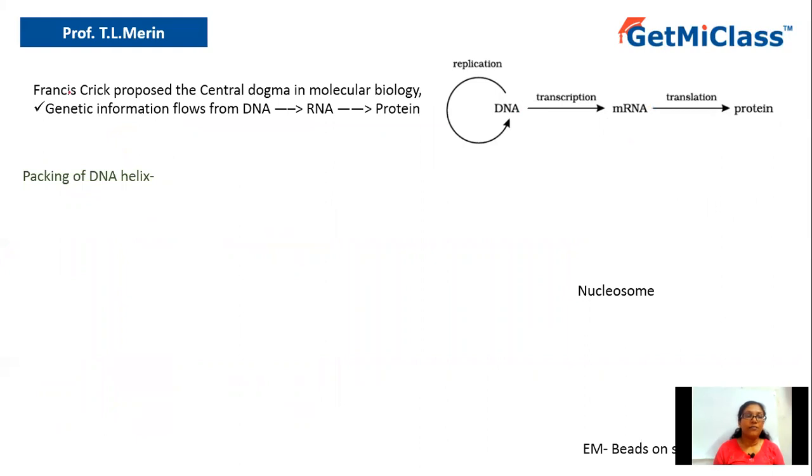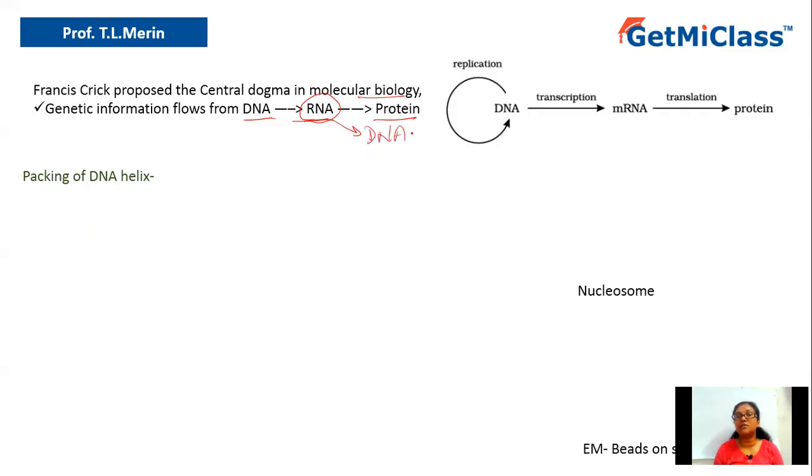Now, Francis Crick proposed a central dogma in molecular biology. So, what is central dogma? DNA codes for RNA, and RNA codes for protein. That is the central dogma. But in case of certain viruses, what happens? This RNA will be the genetic material. In that case, RNA will code for DNA.